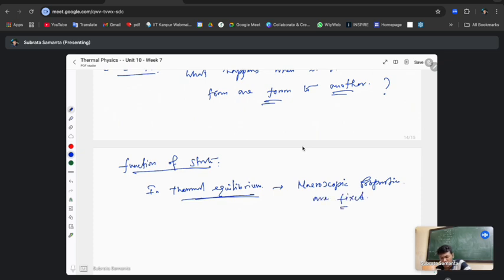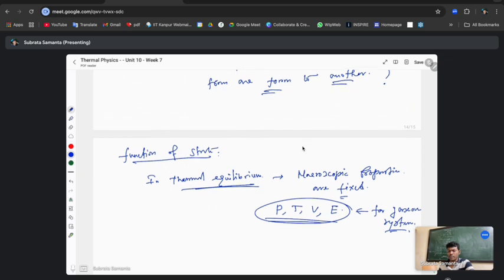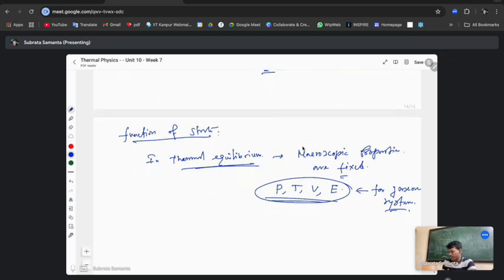So that means pressure, temperature, volume, energy, okay, for a gaseous system.